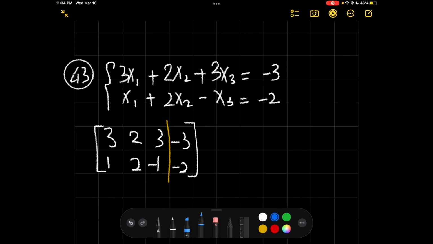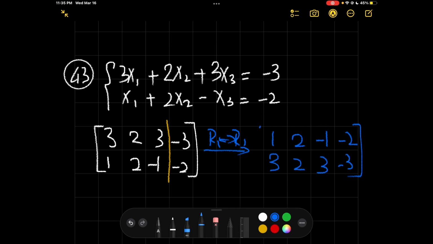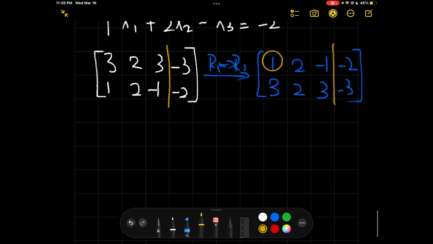We have this row 1 and row 2 just changed. We have 1, 2, -1, -2, 3, 2, 3, -3, and we have a leading one as a pivot point.